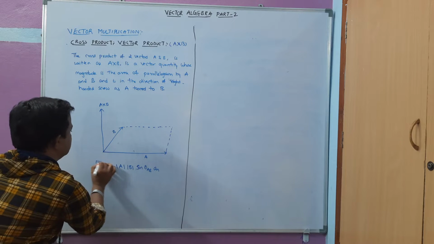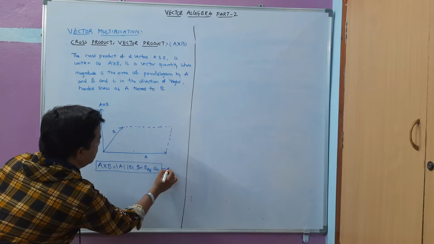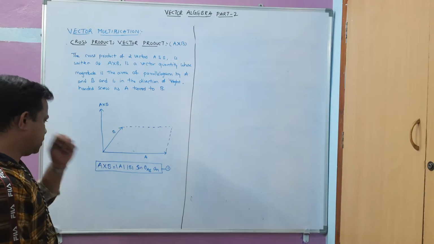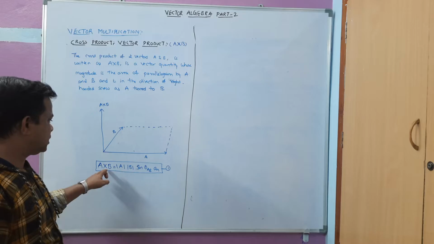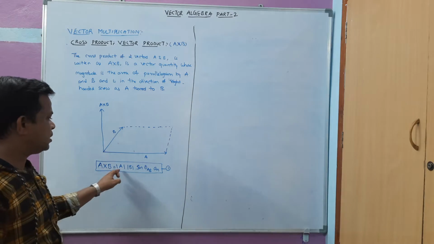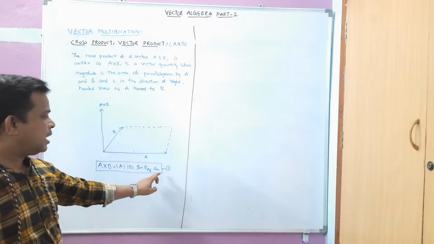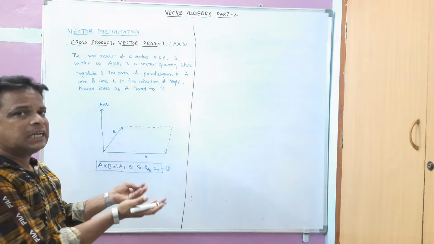So this is the basic definition or mathematical form of the cross product of two vectors. The cross product of two vectors is given as the product of their magnitudes and sine of the angle between them and the unit normal vector perpendicular to the plane containing A and B.